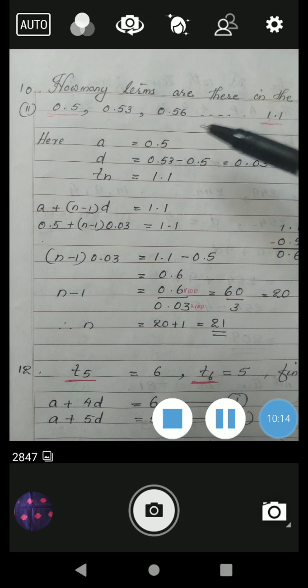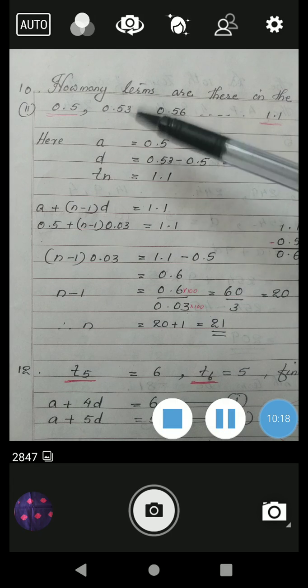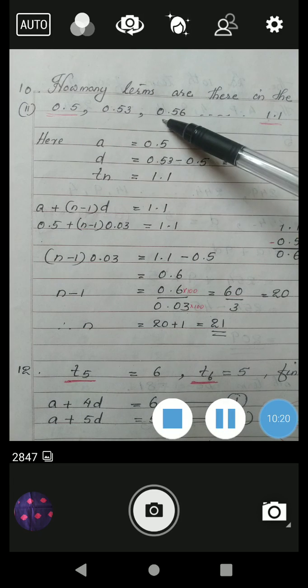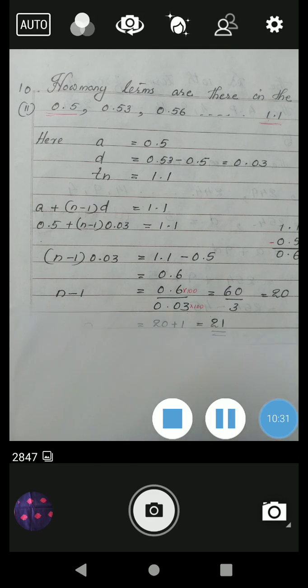Now question number 10. How many terms are there in the series 0.5, 0.53, 0.56, etc. up to 1.1? This is the last term. So we can write the given things: A, the first term, is 0.5.